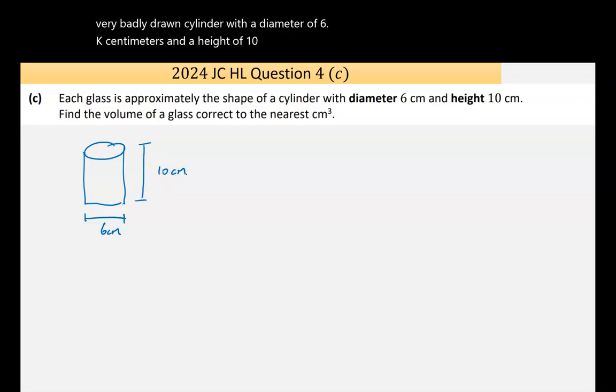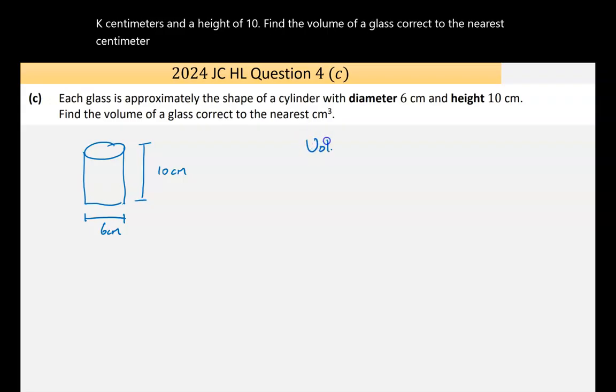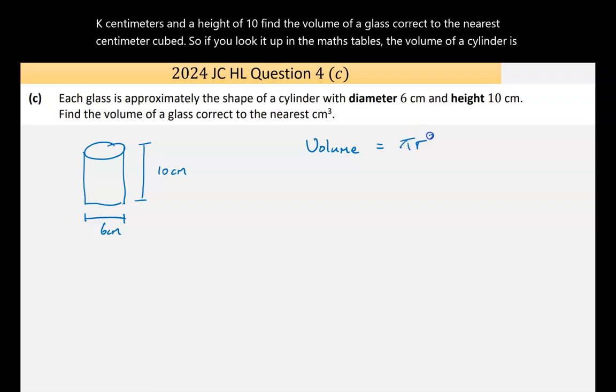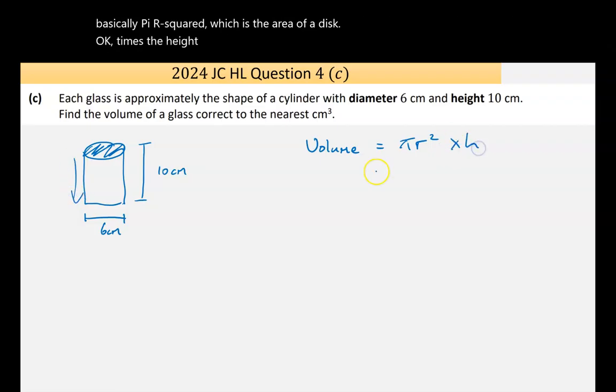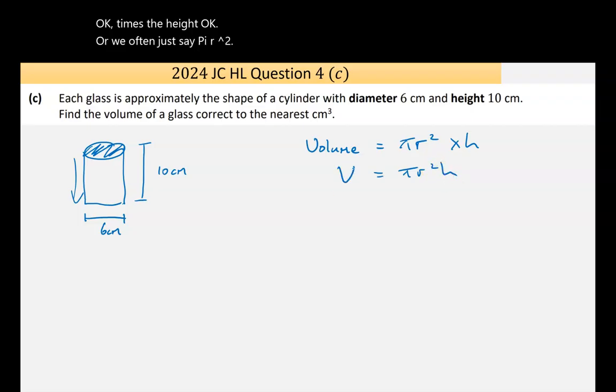Find the volume of a glass correct to the nearest centimeter cubed. So if you look it up in the maths tables, the volume of a cylinder is basically pi r squared, which is the area of a disk, times the height, or we often just say pi r squared h. Now we need to know what the radius is.